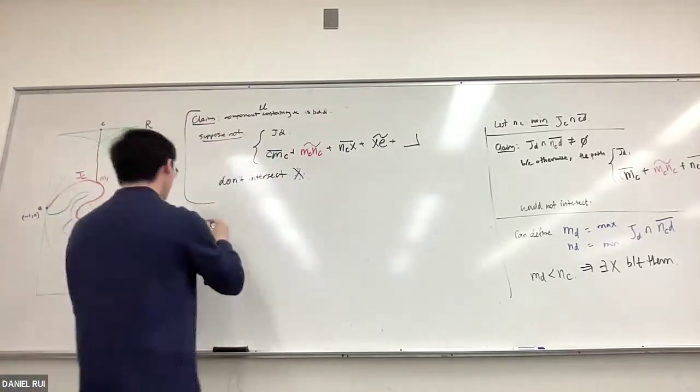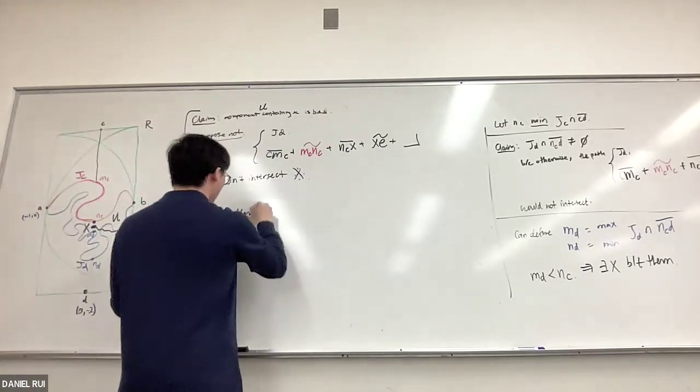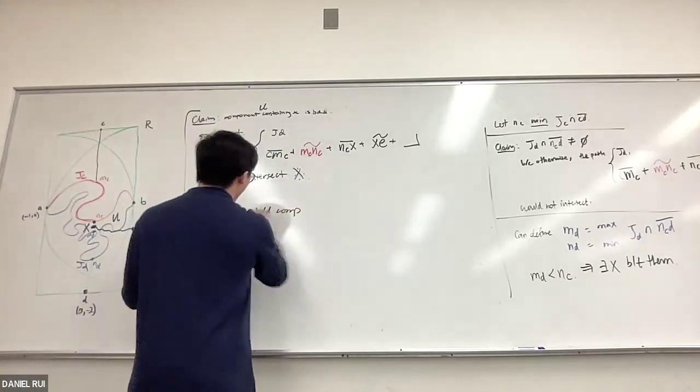And then I have one last claim. There's no other bounded component. After this, I'm done.